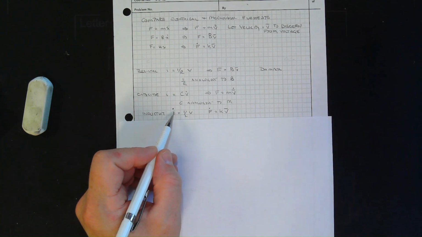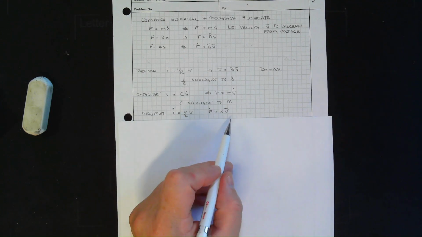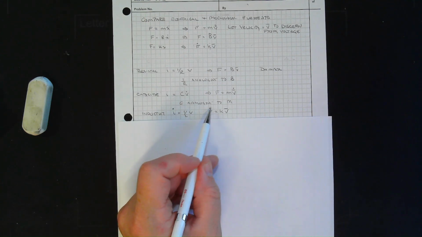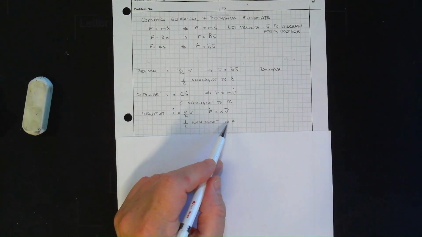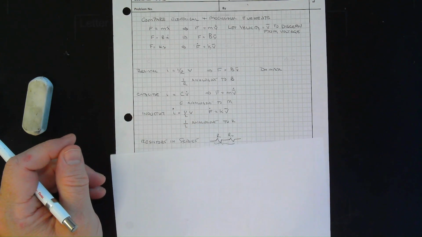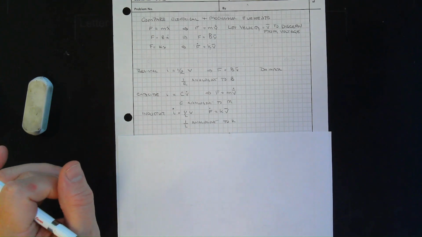An inductor, I dot equals 1 over L V. A spring, the derivative of the force equals kV. So 1 over L is analogous to K. I had mentioned previously the analogy between electrical and mechanical systems, so we've shown that.